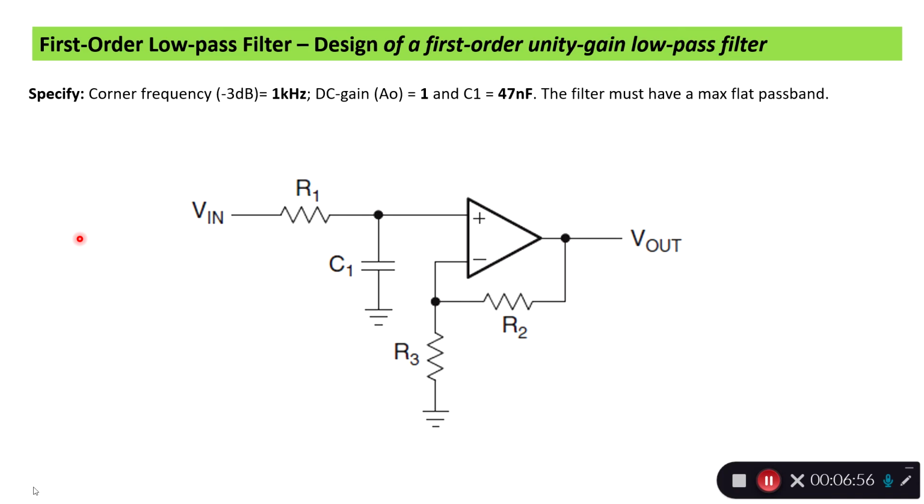So we have here a design of a first order unity gain low pass filter. We specify the corner frequency to be 1 kilohertz, the DC gain to be 1, and a capacitor of 47 nanofarad. And we want to have a maximally flat passband, so this is counting for a Butterworth filter.